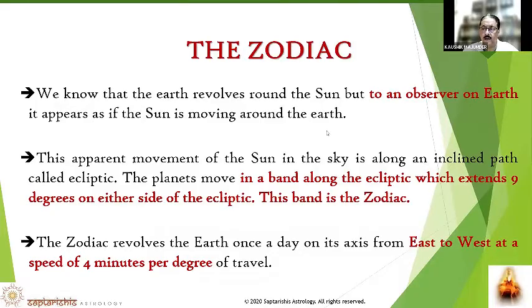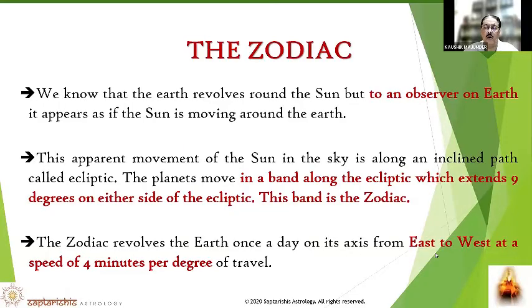Now, the first thing which we need to understand is that we all know that the earth revolves around the sun. But our astrology is based on as if the sun is moving around the earth because we are observing it from the earth, not from the sun's perspective.